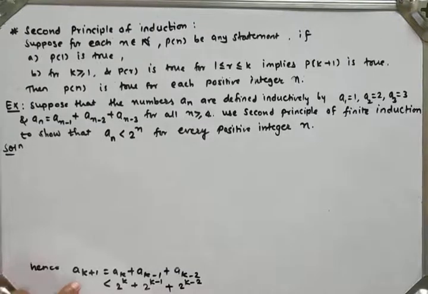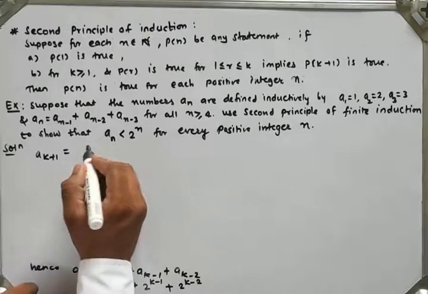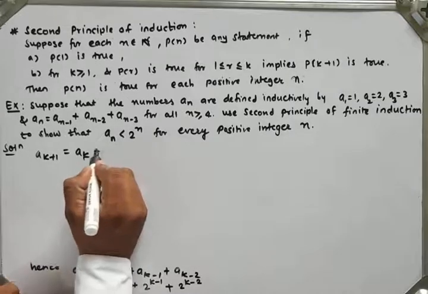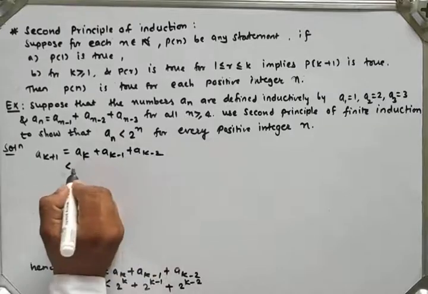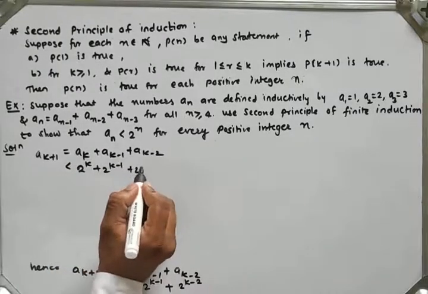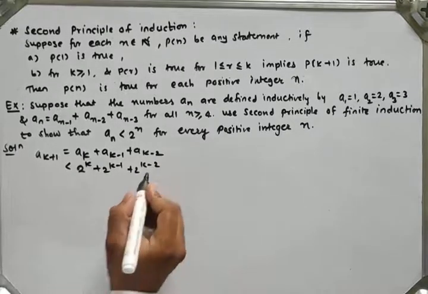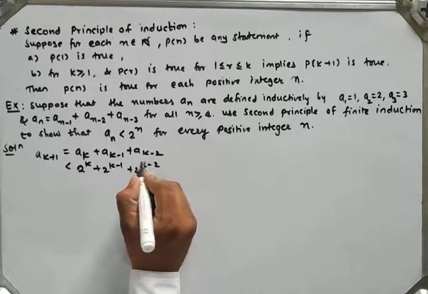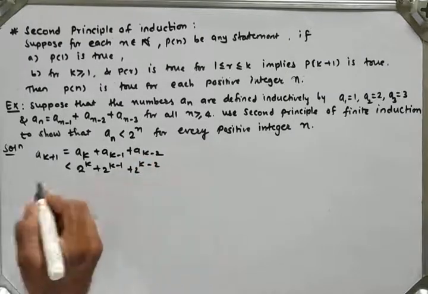So I will write this step here. a_(k+1) is equal to a_k plus a_(k-1) plus a_(k-2), which is less than 2^k plus 2^(k-1) plus 2^(k-2). So I will take 2^(k-2) as common outside.